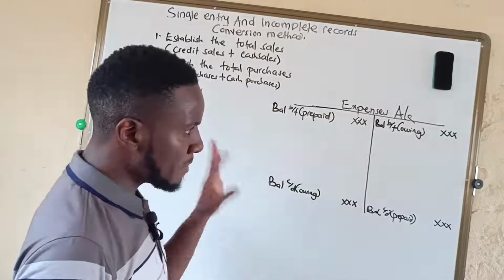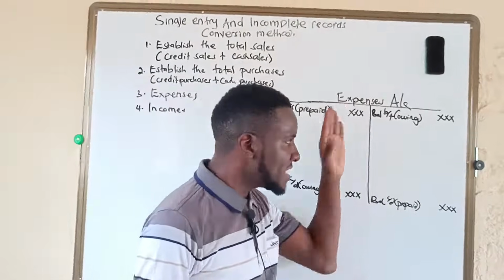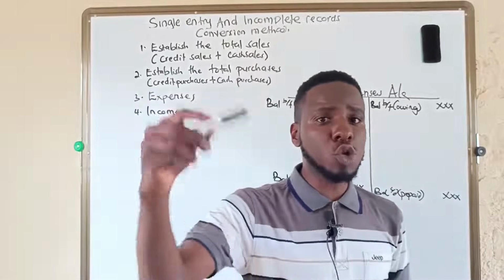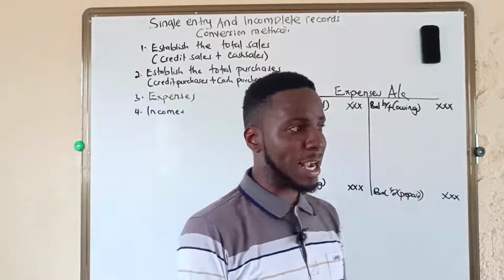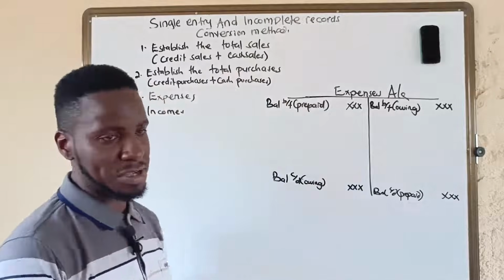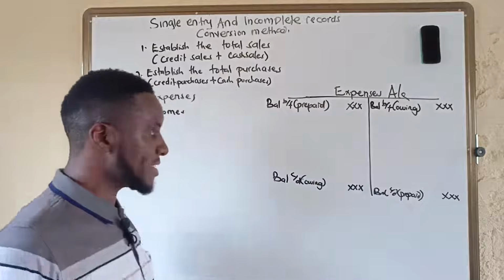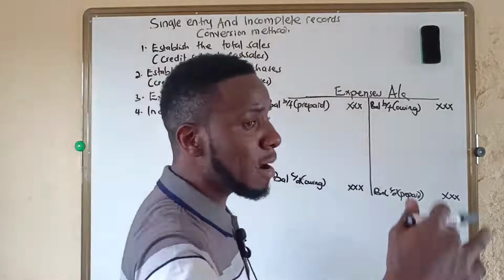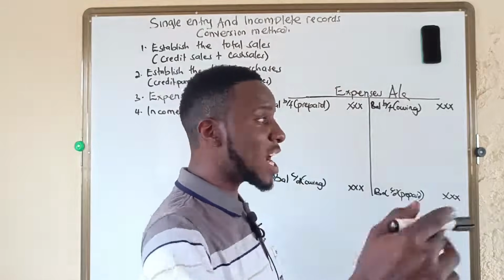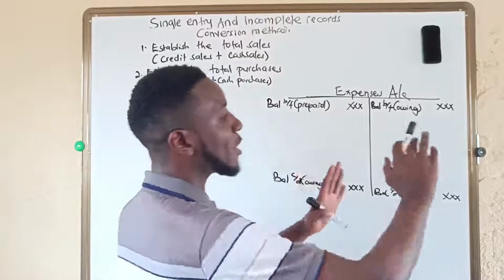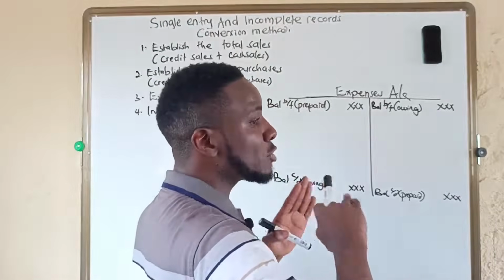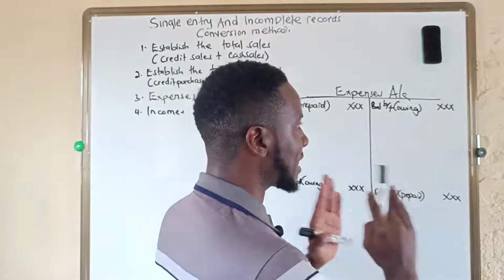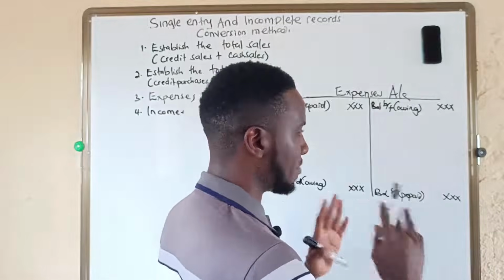Then remember this expense. Now when you go to the receipts and payments, they will always give you a cash amount for these expenses. So what you do is, since that amount is given to you from the cash book or receipts and payments on the credit side, remember those expenses, when you go into the cash book, they're always on the credit side of the cash book or the receipts and payments.